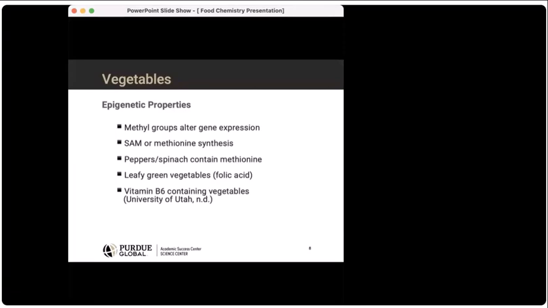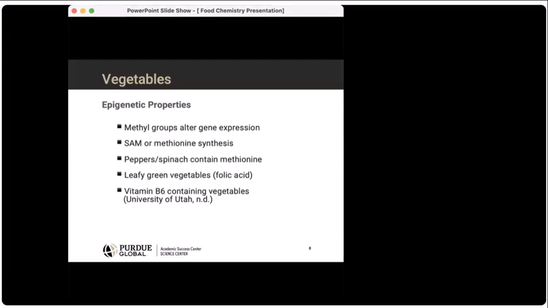So the best sources of food would be those that are part of the methionine or SAM synthesis, also foods that increase histones, foods that increase the methylation process, foods that help break down toxic byproducts, and or increase methylation.